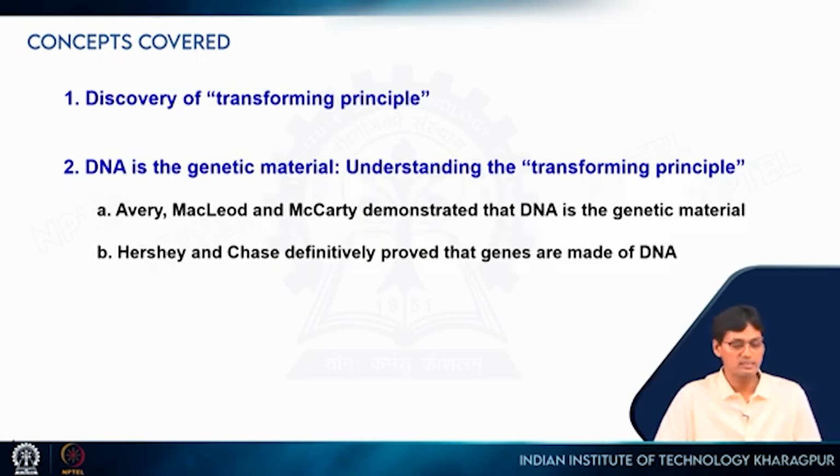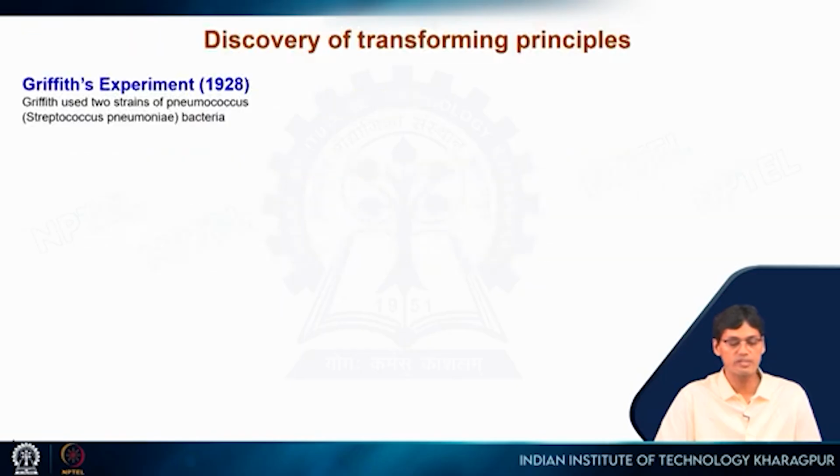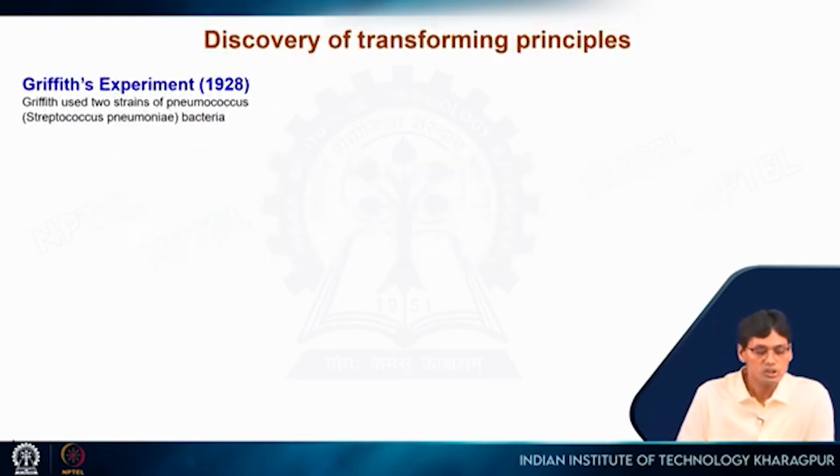The first one is the discovery of transforming principle. This is a very exciting and important experiment. As all of us know, in 1918 there was the Spanish flu. During that time, more than 100 million people died because of Spanish flu, roughly about 5% of the world population.